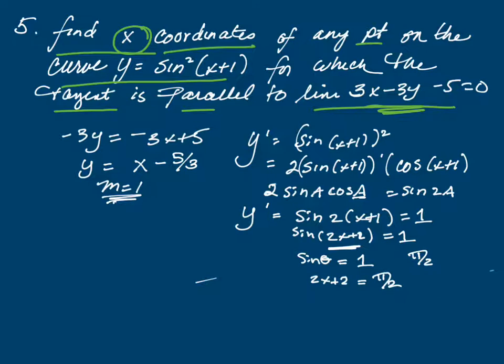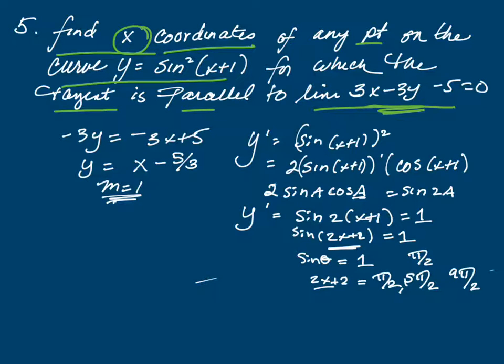Now we have to keep going because we have a double angle here, so it would also be equal to pi over 2 and then another 2 pi, so that would be 4 pi over 2, so that's 5 pi over 2, and then another 4 pi over 2, that would be 9 pi over 2. Okay, and so what does that mean?